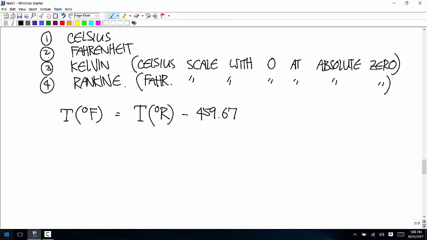They're just shifted a constant amount from each other. The Celsius temperature is equal to the Kelvin temperature, and for this one you don't use a degree symbol, you just write a capital K, minus 273.15. So again, you just see that shift.